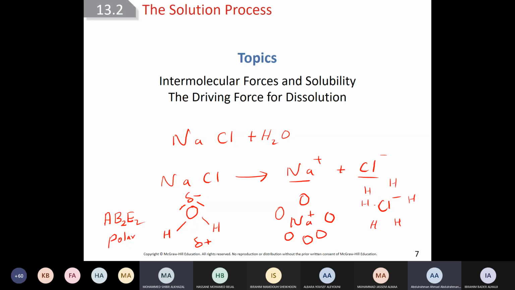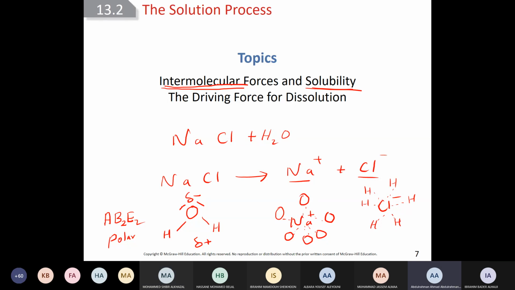And this will make these small forces, these are the intermolecular forces. We always call them the forces between molecules. We call it intermolecular forces, and it is related to solubility.